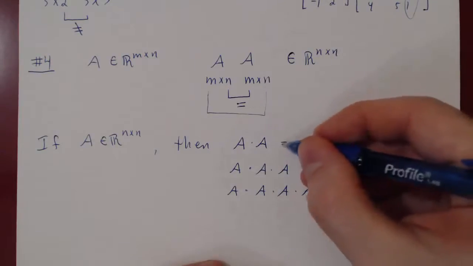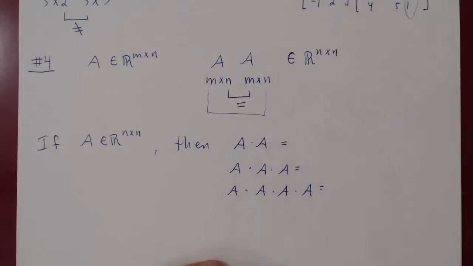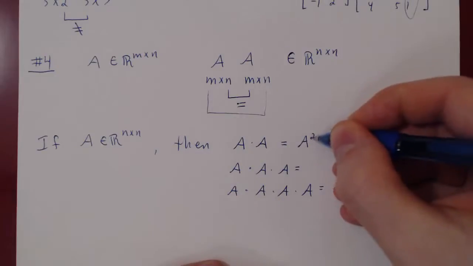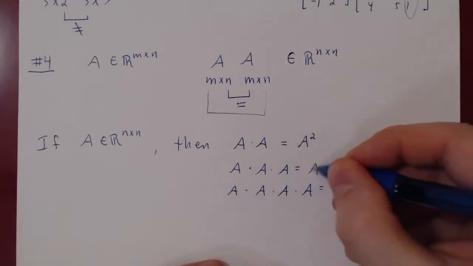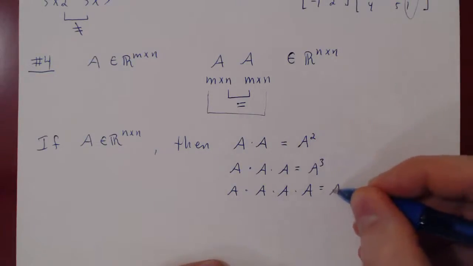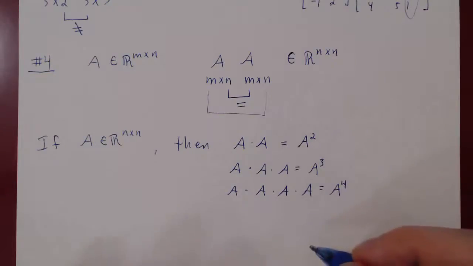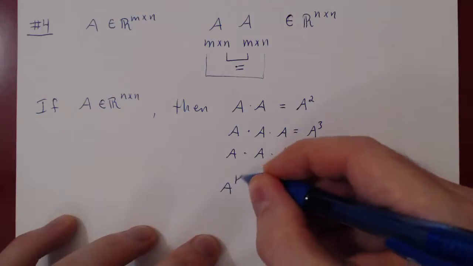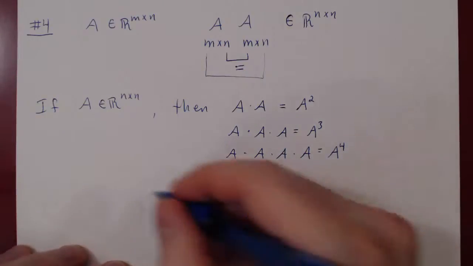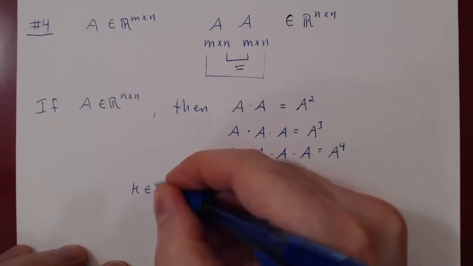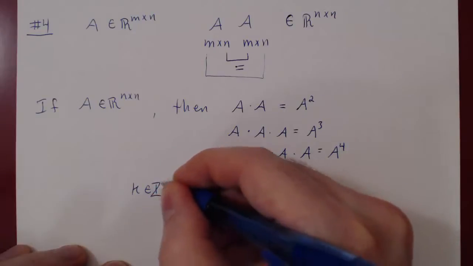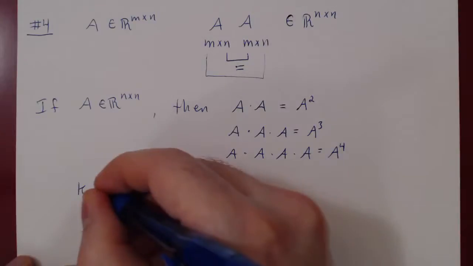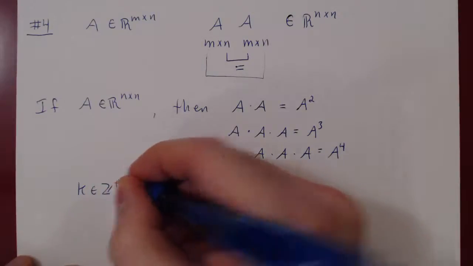Well, we'll use the same notation as we use for real numbers. This is simply denoted by A squared, A cubed, A to the 4, and in general, A to the K, where K is a positive integer.